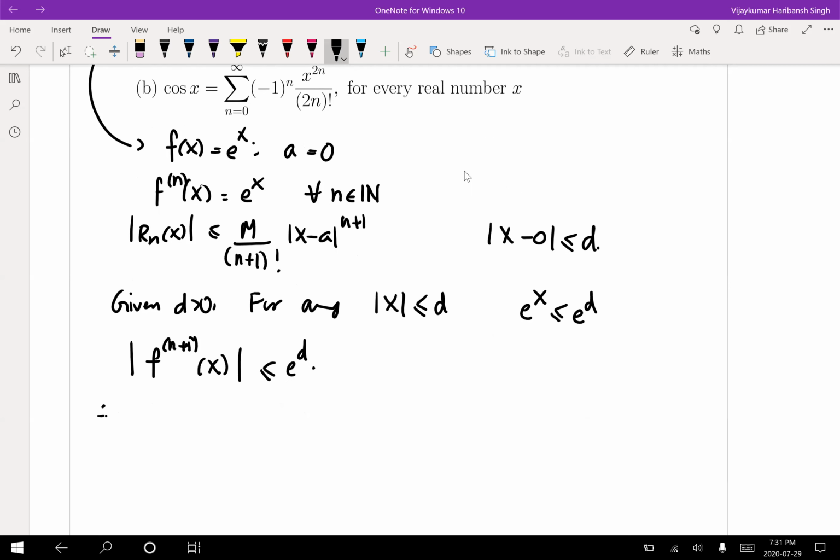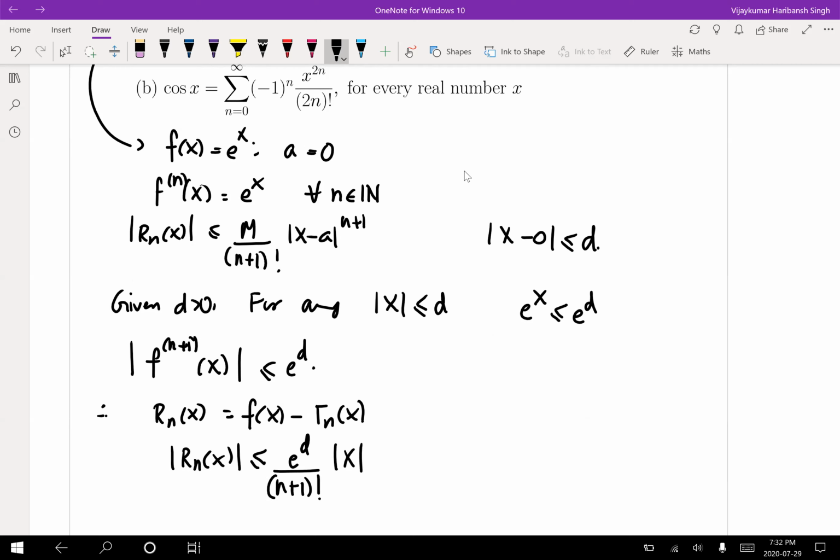So therefore, by Taylor's inequality, we get Rn of x, which is f of x minus Tn of x, is bounded: less than or equal to e to the d upon n plus 1 factorial times x to the power n plus 1.